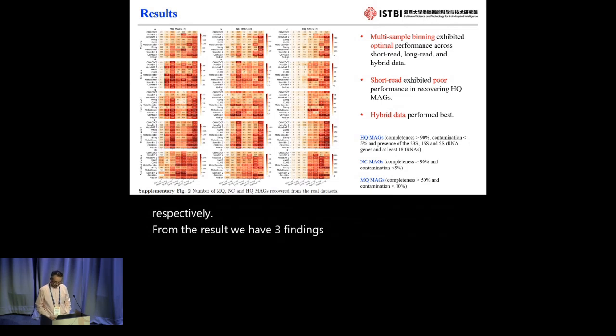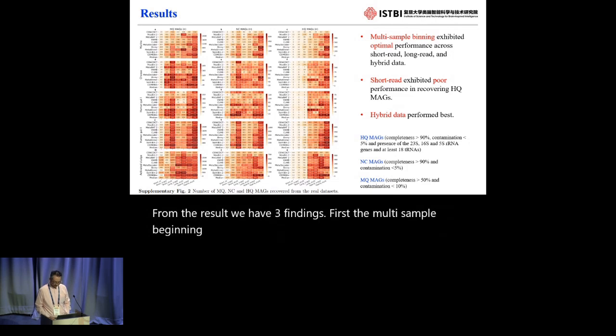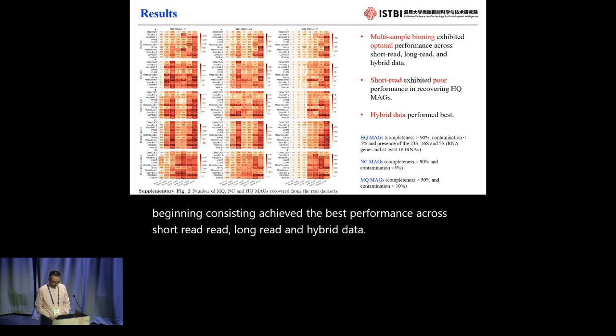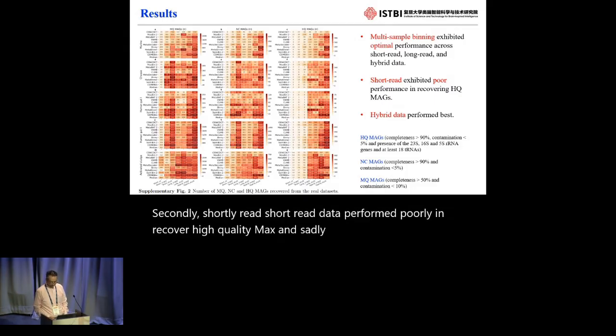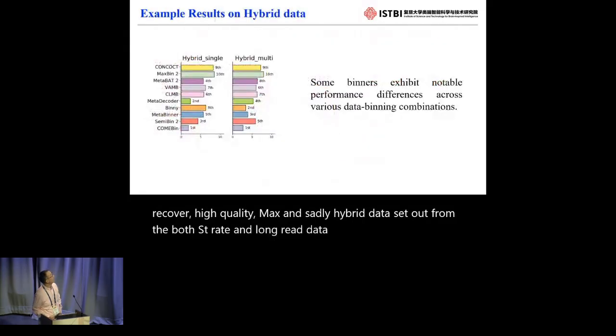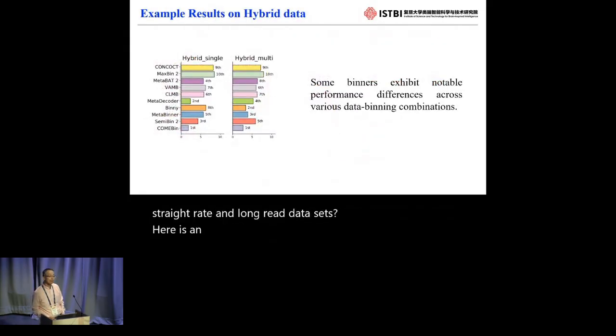First, multi-sample binning consistently achieved the best performance across short-read, long-read, and hybrid data. Secondly, short-read data performed poorly in recovering high-quality MAGs. And thirdly, hybrid datasets outperformed both short-read and long-read datasets. Here is an example result for the hybrid data.